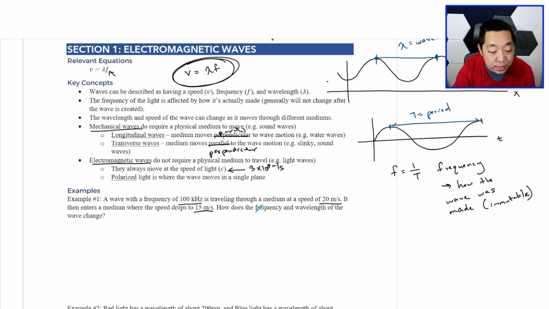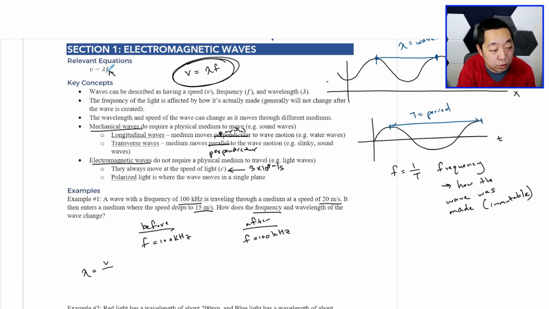Okay, so the frequency never changes. So, before, the frequency is 100 kilohertz, and after it enters this new medium, it's still 100 kilohertz, okay? Because that's a function of how the wave was produced. However, the wavelength will change because the velocity changes.